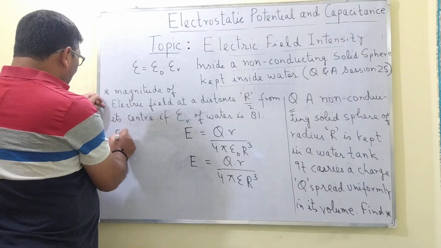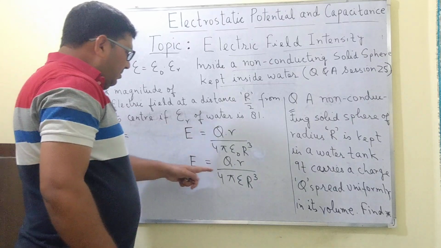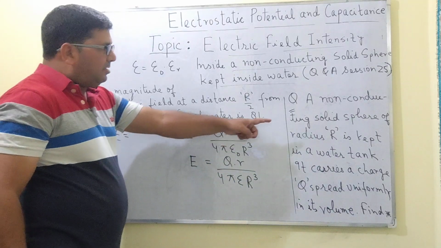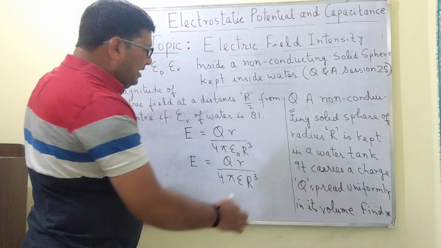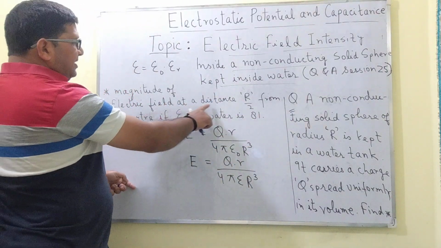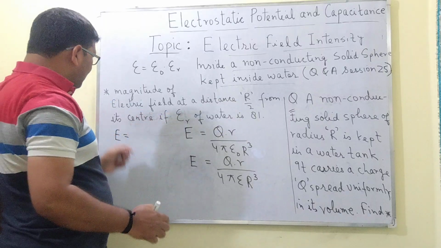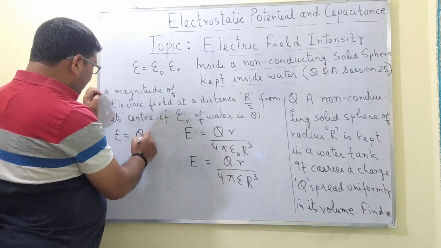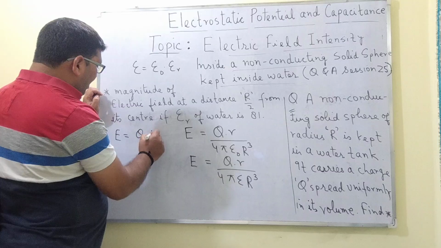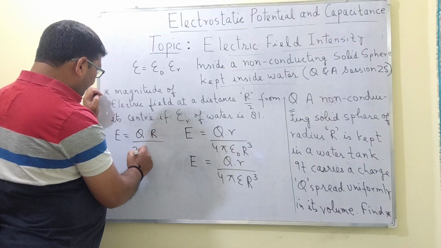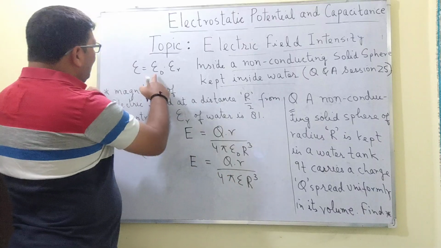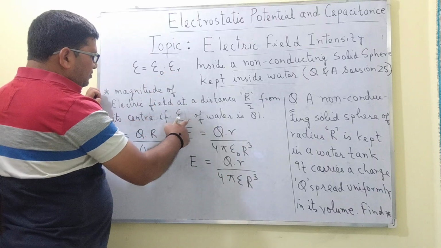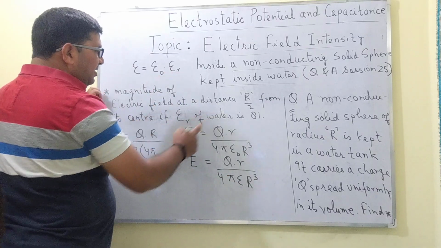So the magnitude of the electric field at a distance R by 2 from the center of the sphere will be equal to, here small r will be equal to R by 2, multiplied by 4 pi. Now epsilon is equal to epsilon naught into epsilon r, and the relative permittivity of water is 81.